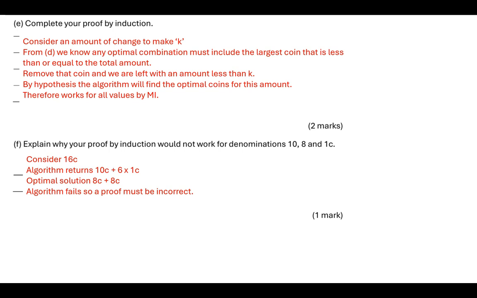So yeah, if the algorithm doesn't work, the proof cannot be correct. It sort of feels to do with that 1 goes into 5, goes into 10, and well, 10 doesn't go into 25. We get a sense that the first set of coins works, and we can see why these ones do not.